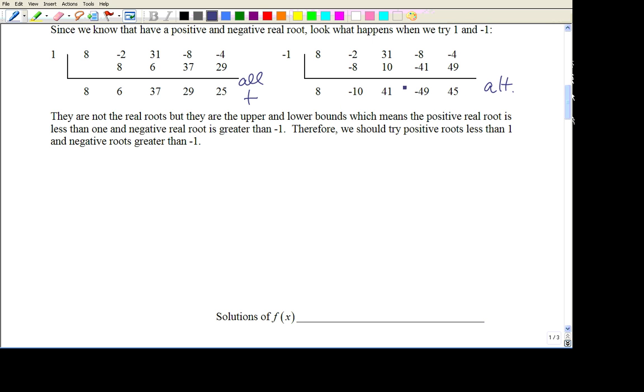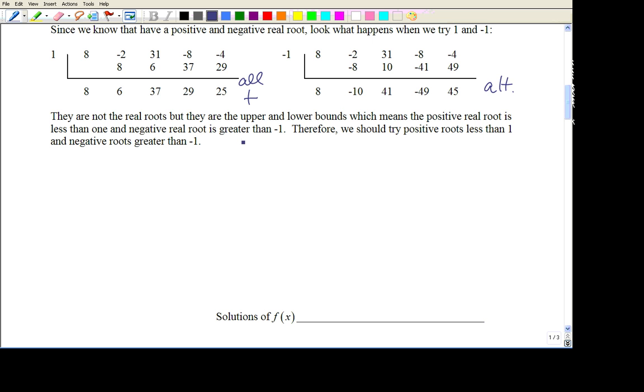we still got some information from them, and that 1 is going to be the upper bound and negative 1 is the lower bound, which means that our positive real root is less than 1 and our negative real root is greater than negative 1. Therefore, we should try positive roots less than 1 and negative roots greater than negative 1. In other words, we're trying out the roots that are between negative 1 and 1.